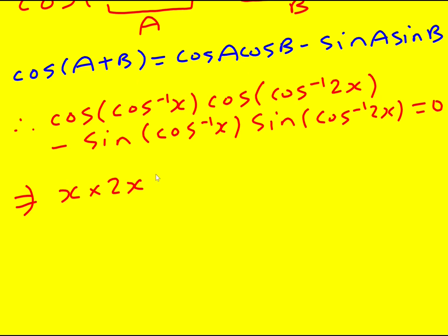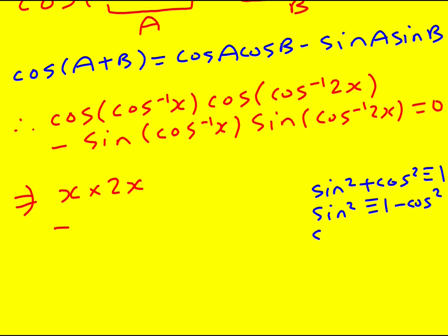That's an all right bit. Now, I can't cancel these out. I've got a sine and an inverse cos, but what I can do is something a little bit sneaky. I can use the fact that sine squared plus cos squared is 1, and that means sine squared is 1 minus cos squared. It might not seem very nice, but sine is therefore the square root of 1 minus cos squared.